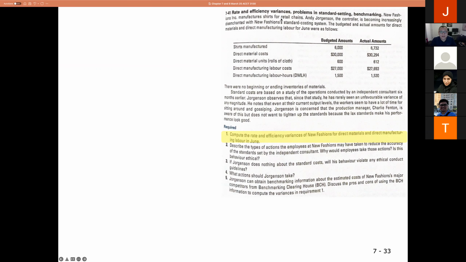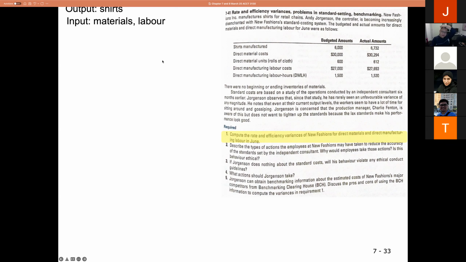That's why I'm asking you. This is important. You have to be clear. What is the output? What's the input? So the output are the shirts, right? What is the input? Rolls. That's the materials, right? Direct material and direct labor. That's the input, right? So let's be clear on that.